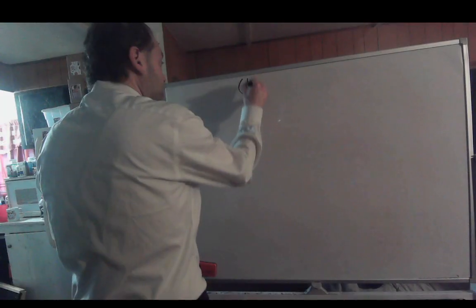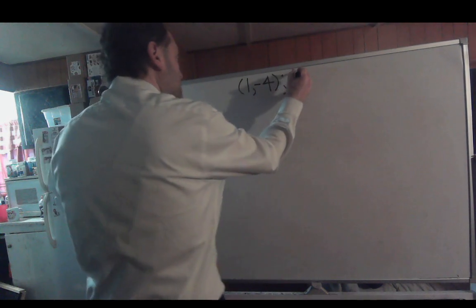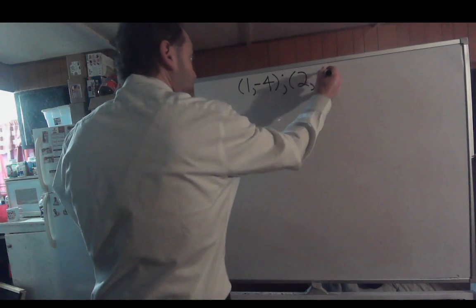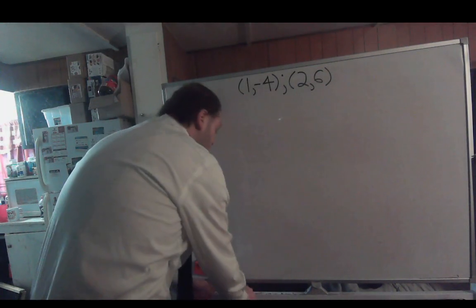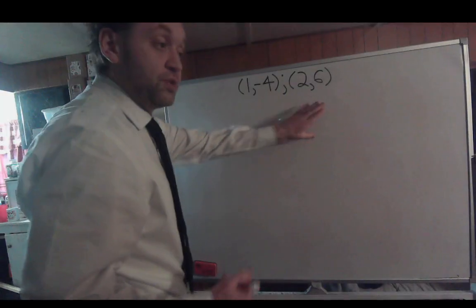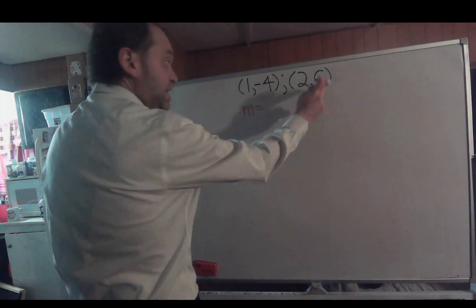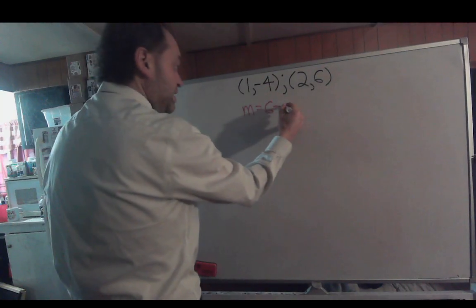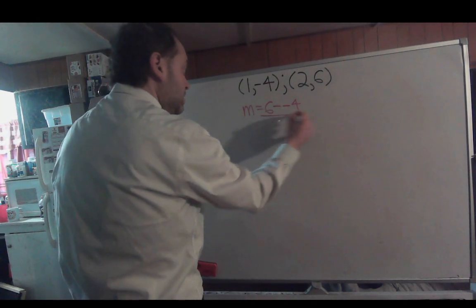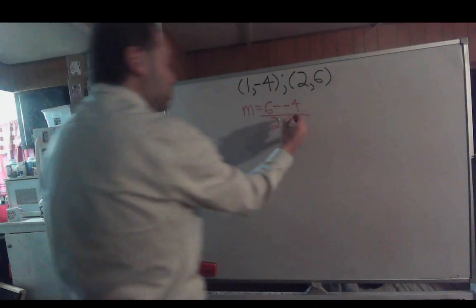So what about the points 1, negative 4 and 2, 6? We want to find the slope of the line from 1, negative 4 to 2, 6. Again, we'll define our slope: take your second y coordinate of 6 minus your first y coordinate of negative 4, all over your second x coordinate of 2 minus your first x coordinate of 1.